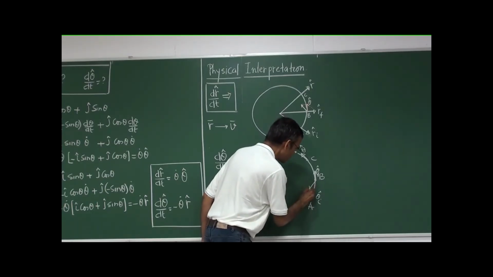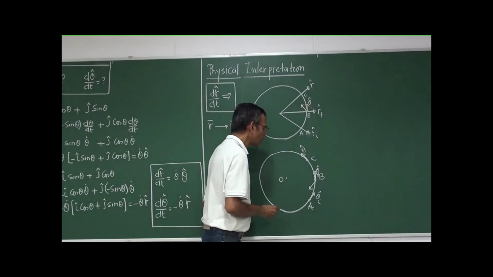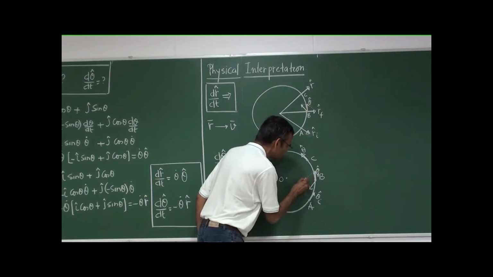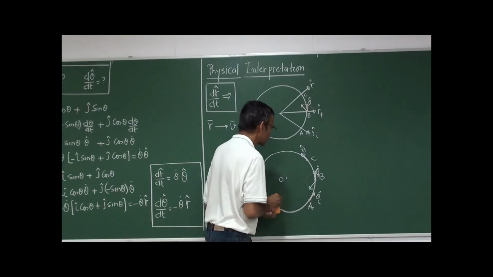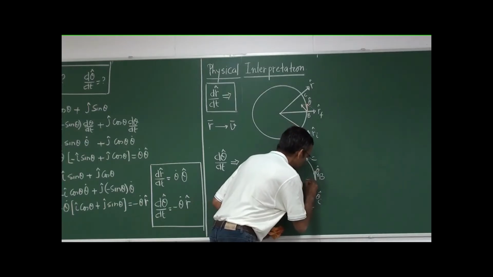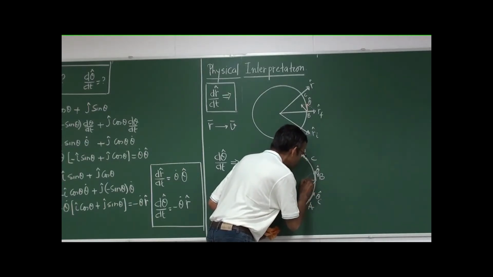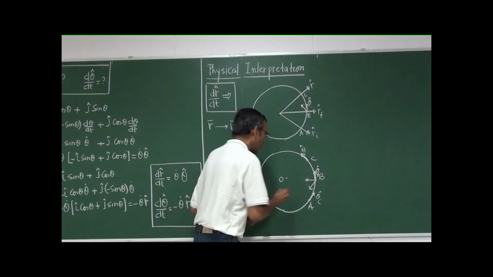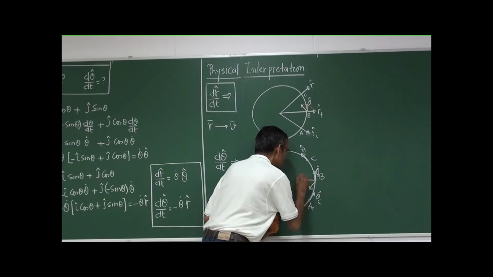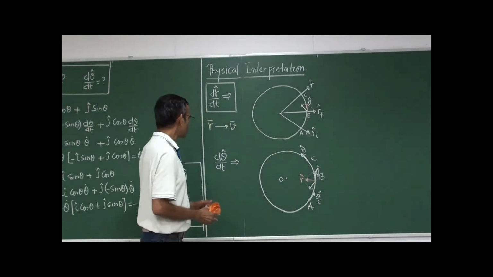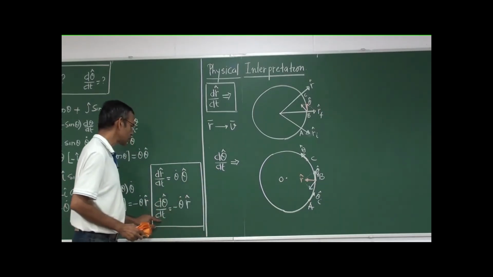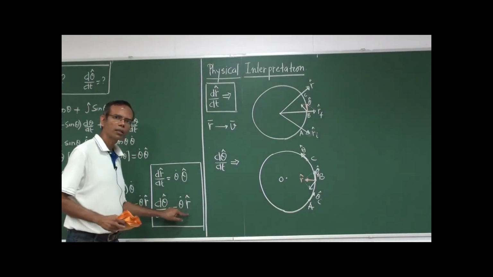Now if I add these two, I will get the resultant vector. As you see, this is in the r cap direction. So d theta cap by dt is minus theta dot r cap.